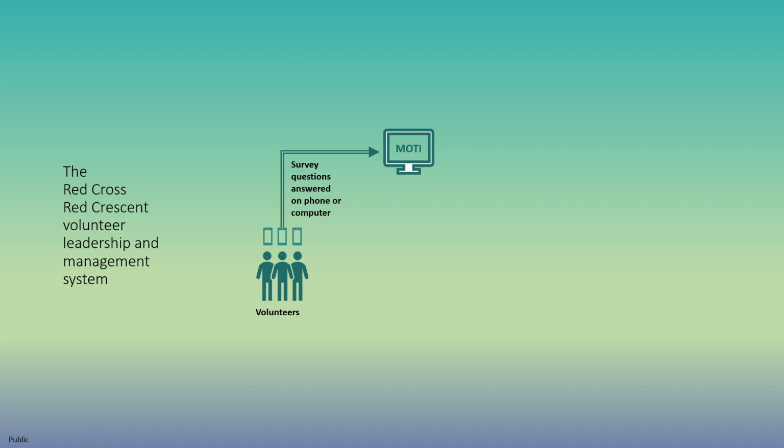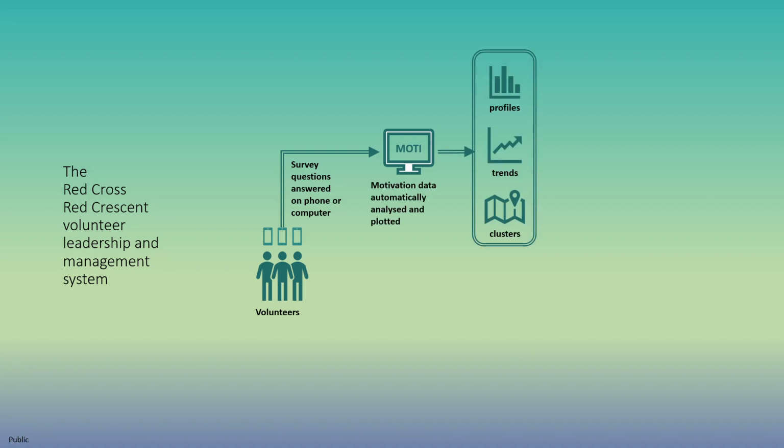And then as soon as you have about 5 answers for a small team of 6 or 7, you can actually see the results on your computer screen or on your phone. It's better on a large screen. And so Moti actually generates these graphs that I just showed you automatically for you to see when you have enough respondents that answered the survey.